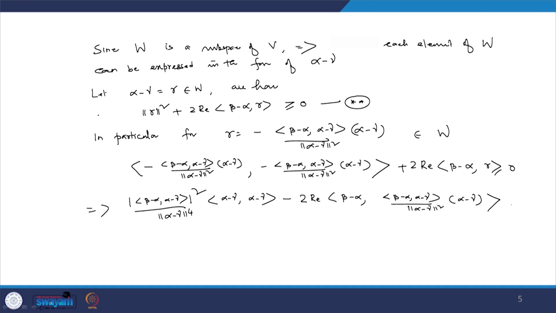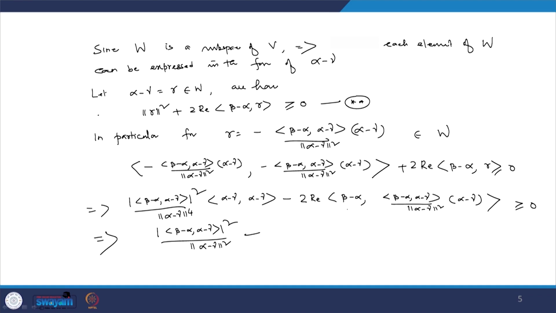So this is also greater than or equal to 0. So this implies I will have mod of the inner product of beta minus alpha, alpha minus gamma, whole square, divided by norm of alpha minus gamma whole square, and this side minus, since if I take it again to this side, the bar will come to the picture, and I will have this one.